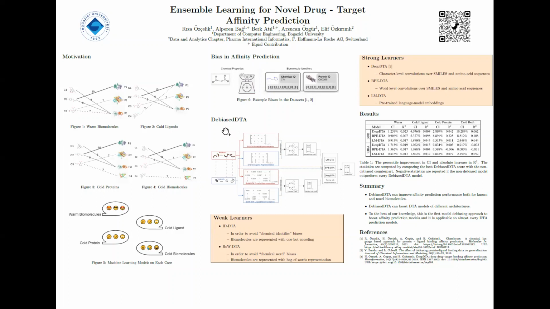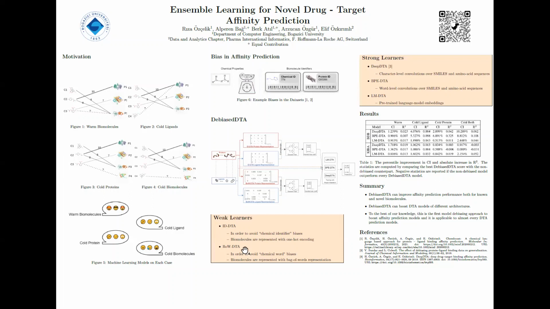We developed an approach called debiased DTA that uses weak learners and strong learners in subsequent layers. The weak learners in debiased DTA aim to identify and quantify the dataset biases in the training samples. We designed two different weak learners that are called ID-DTA and BOW-DTA, which are used to identify chemical identifier bias and chemical word-related biases in the dataset.